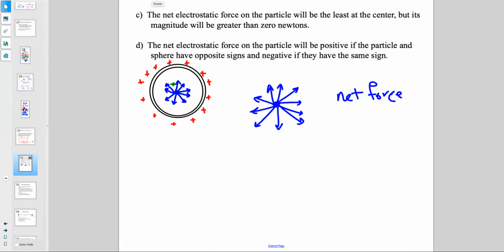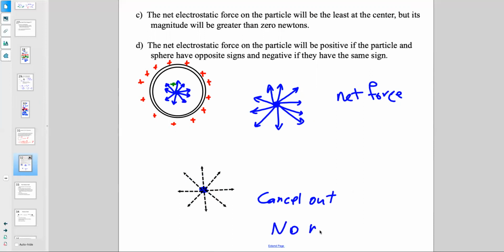Let's say that this is our point here. And then what you're going to have is this. You will have a force in this direction, a force in the opposite direction, a force up, a force down, force in this direction, force in this direction. They will cancel out, all right? So they will all cancel out. So no net force will act on this object.